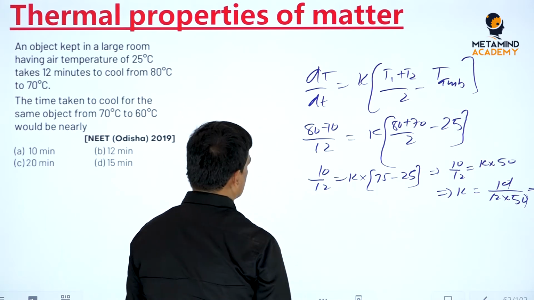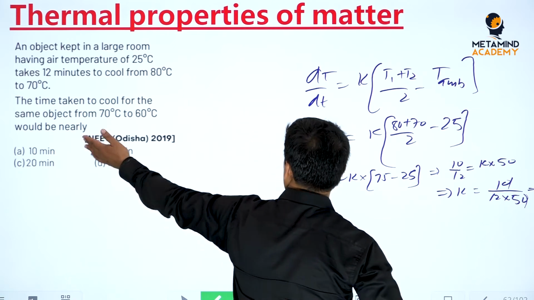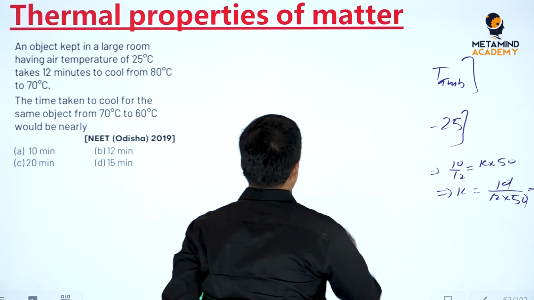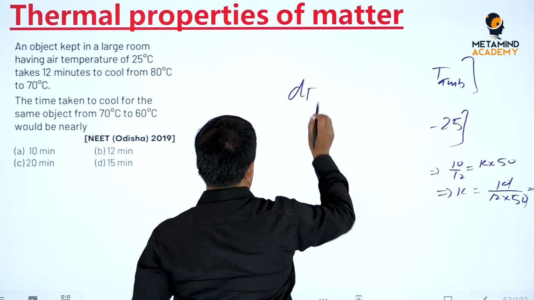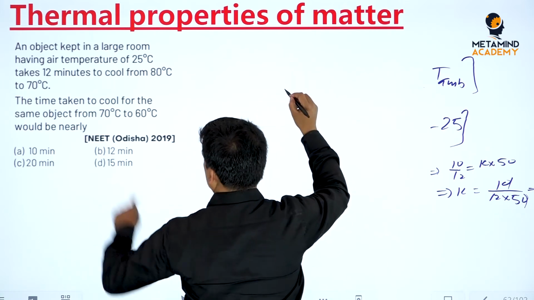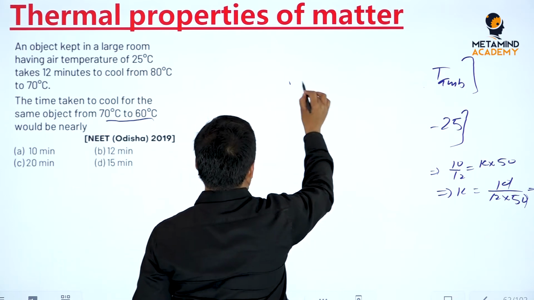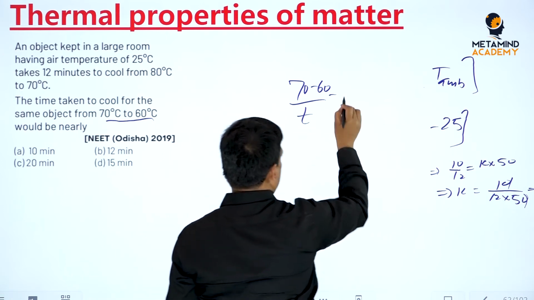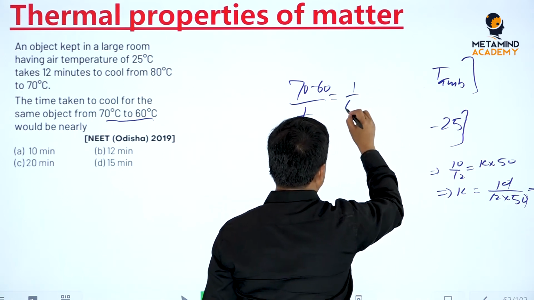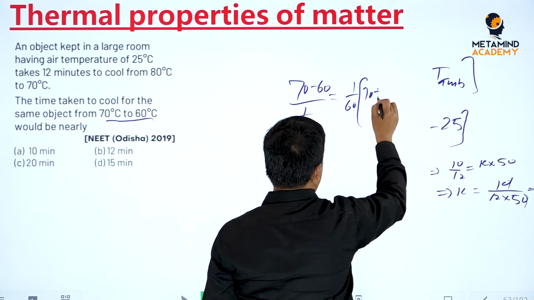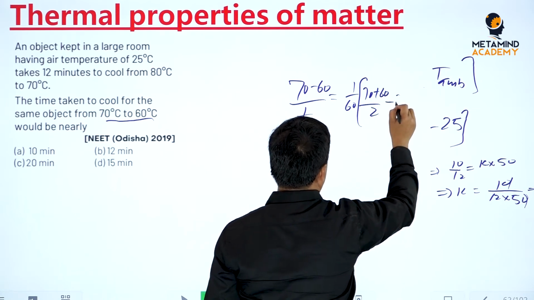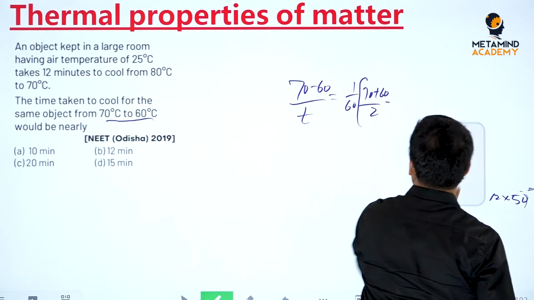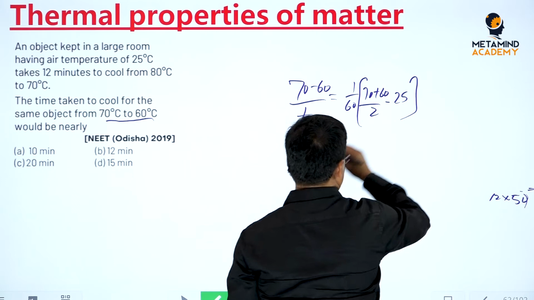So second case, when it is cooling from 70 to 60. Let's calculate that for the second case. dT is how much? 70 to 60. So (70 minus 60) by t, the time we don't know, is equal to k, which is 1 by 60, times (70 plus 60) by 2 minus ambient, which is still 25, right? That's it. You can solve.